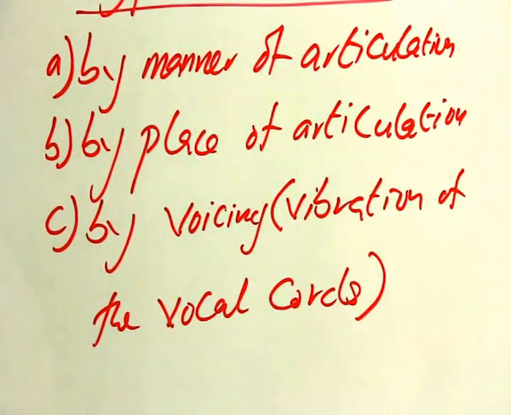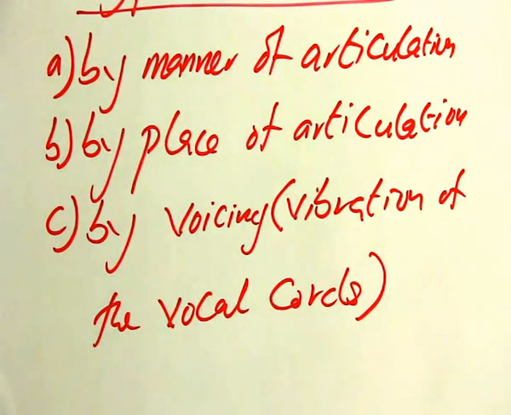That is the point I'm making. So each consonant sound has a name. So we are going to see a table that will show us these three ways of classifying the consonants. By the time we finish, we will see them in the table, and we can use the table to give a name to each of them.